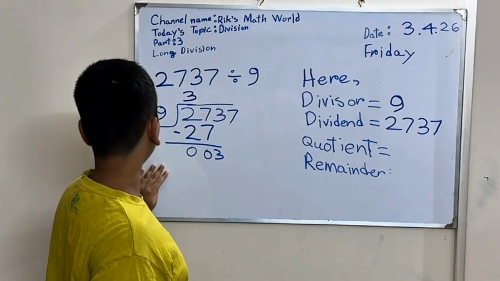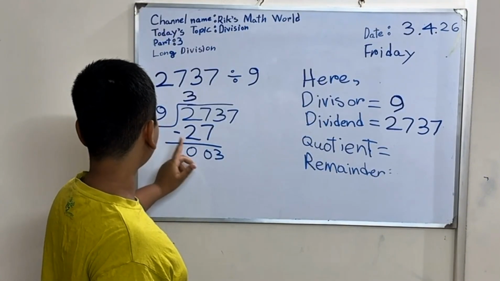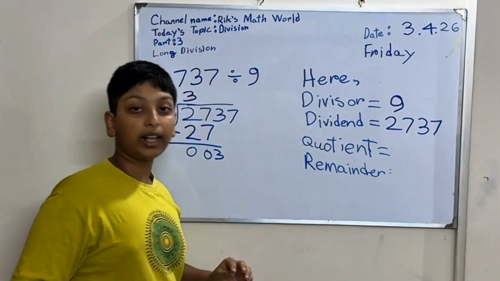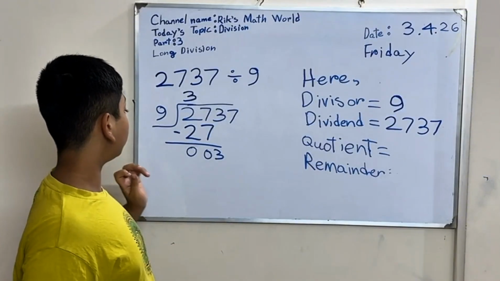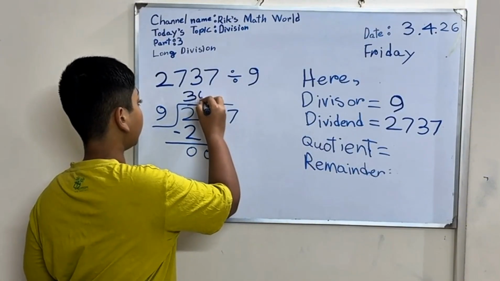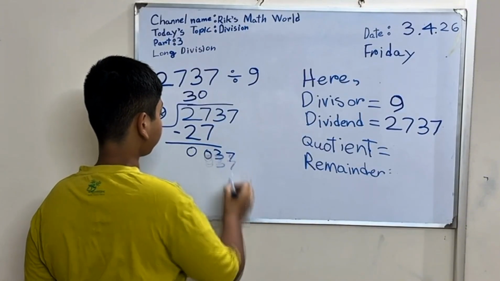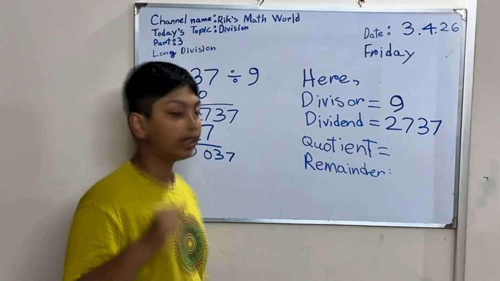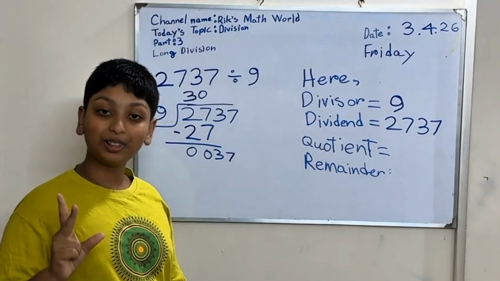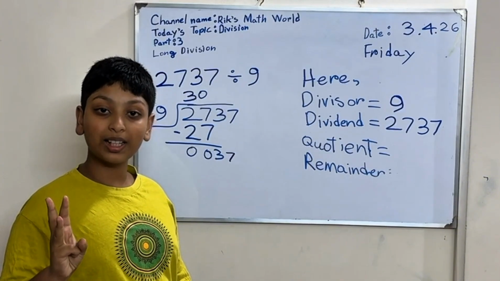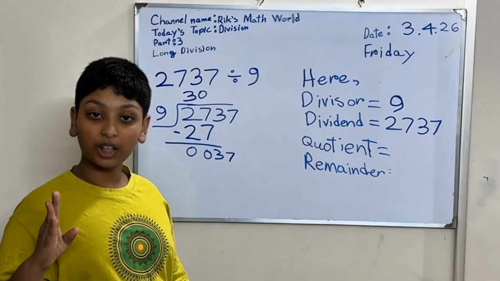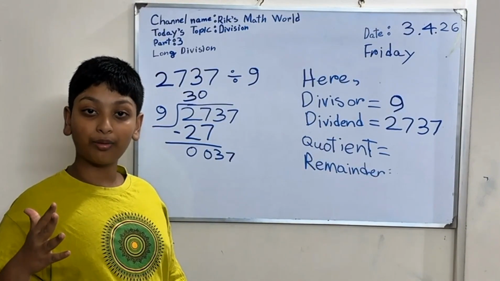And we cannot do 3 divided by 9 because 3 is smaller than 9. So we have to place a 0 here. And then we have to drag this 7 down here. Now let's do it. 9 ones are 9, 9 twos are 18, 9 threes are 27, 9 fours are 36, 9 fives are 45.